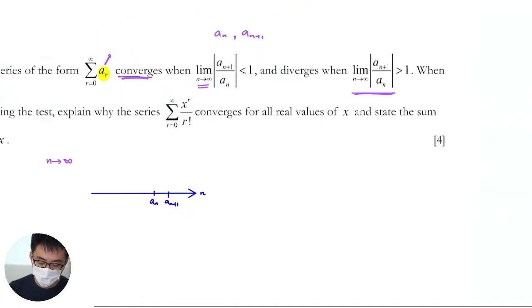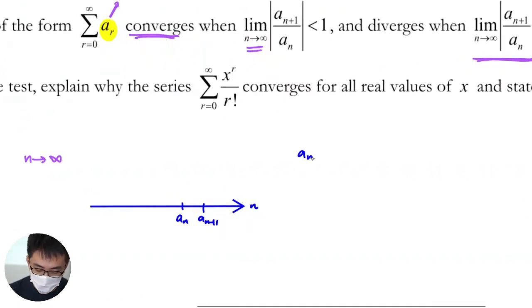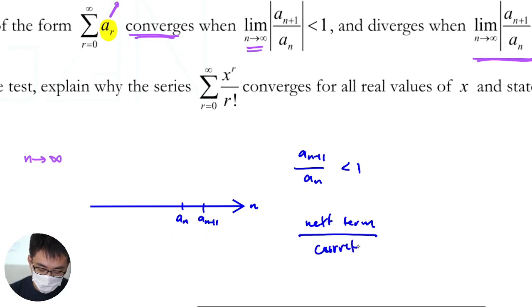Okay. Now it says that if a_(n+1) over a_n is less than 1, okay, this is important. This means that the next term over the current term is less than 1.